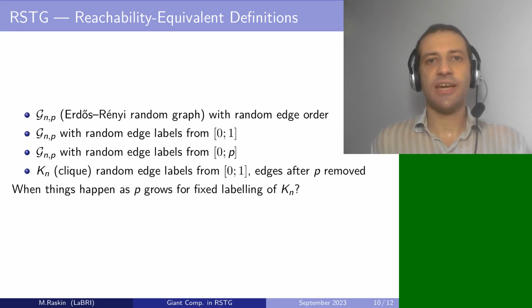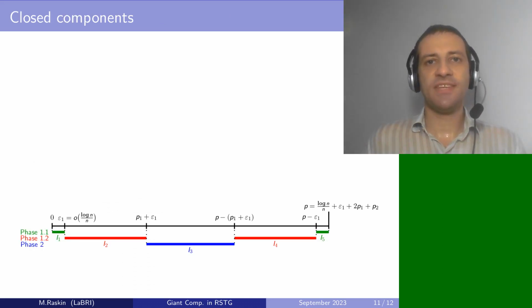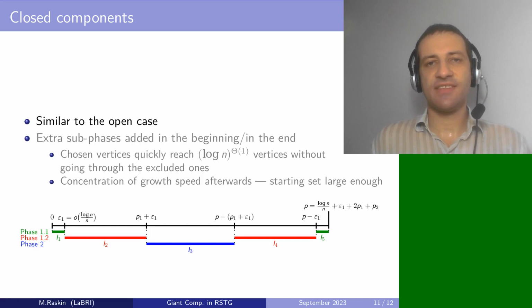If you take a clique and you change the p, which is a cutoff for removing the edges, you can ask when a giant connected component arises. To say at least a bit about the closed components, the construction is similar to the open case. The basic three phases are preserved.